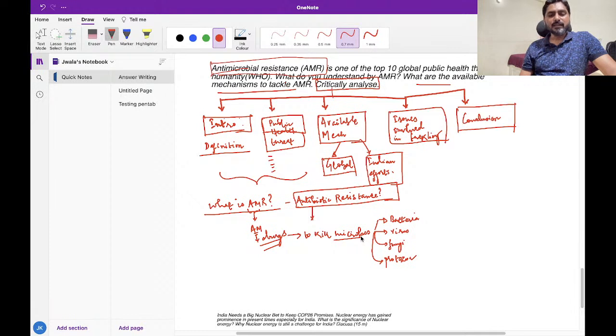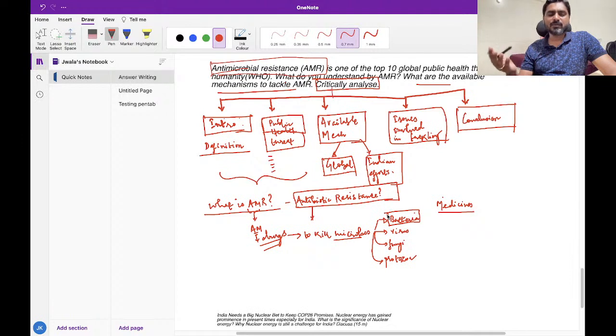So what is antimicrobial resistance then? We have developed medicines to kill bacteria, virus, fungi, and protozoa. Many of us generally take antibiotics even in common cough and cold.